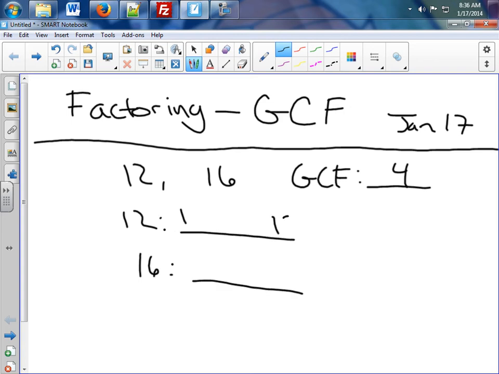Well, 1 and 12, 2 and 6, 3 and 4, and the factors of 16 are 1 and 16, 2 and 8, and 4 and 4. So you go through and you see what the common factor is, and it's 4. Okay? That makes sense?